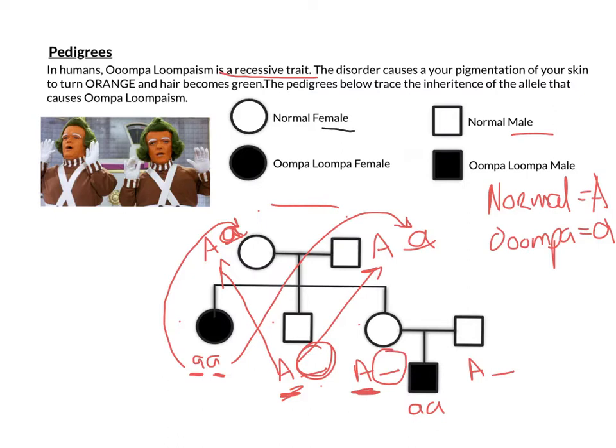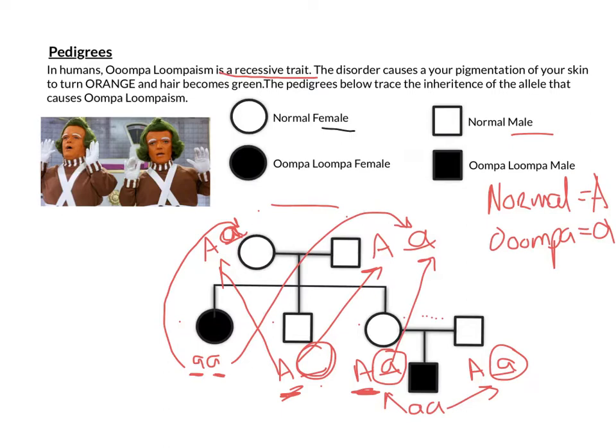The only way you're going to be able to tell what these two missing genes are is when they get married, like this person did here, to this guy, and they had a kid. They have a kid that is an Oompa Loompa, so that means their missing gene has to be a little a. You can tell that that little a came from either mom or dad.